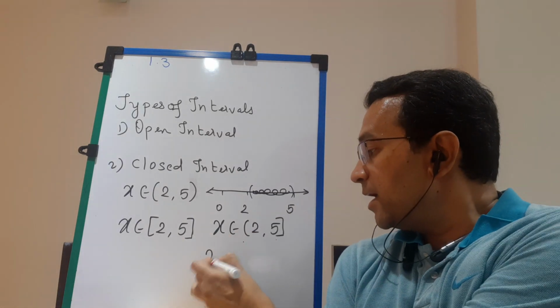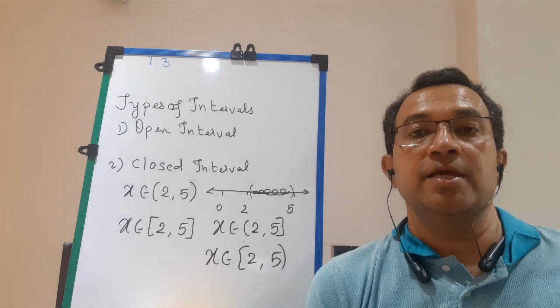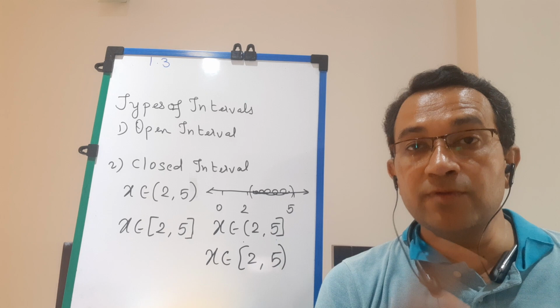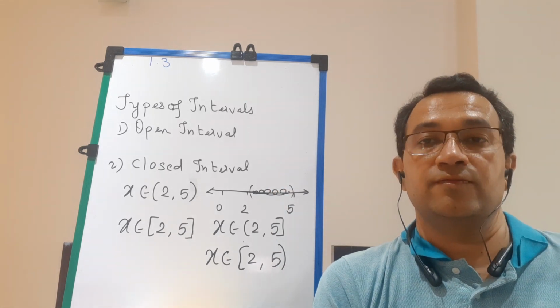Or I can write x belongs to [2, 5). Then x is any real number between 2 and 5 including 2 but not 5.